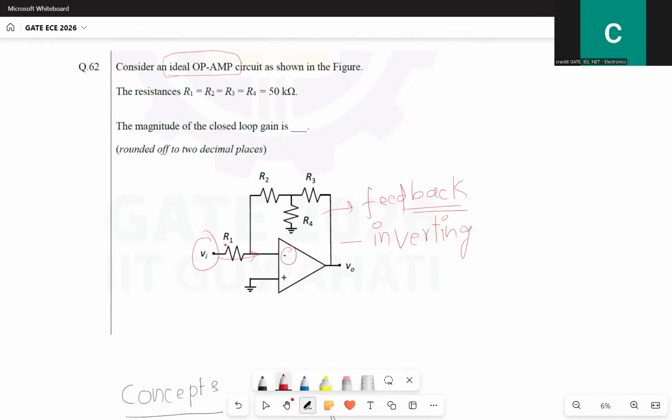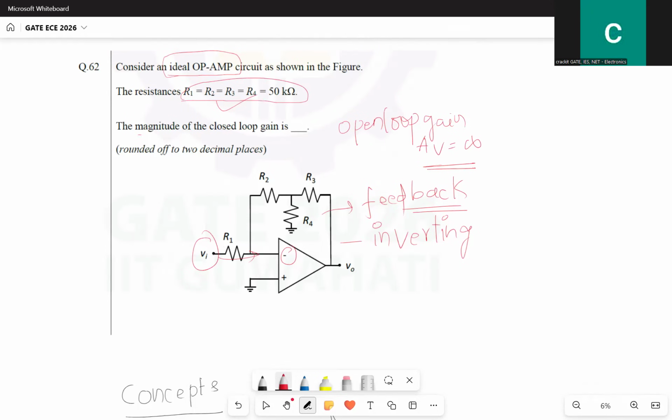To consider this an ideal op amp, we should have an infinite open loop gain, AV, which is infinite. Then they have given the resistances R1, R2, R3, which are 50 kilo ohms.